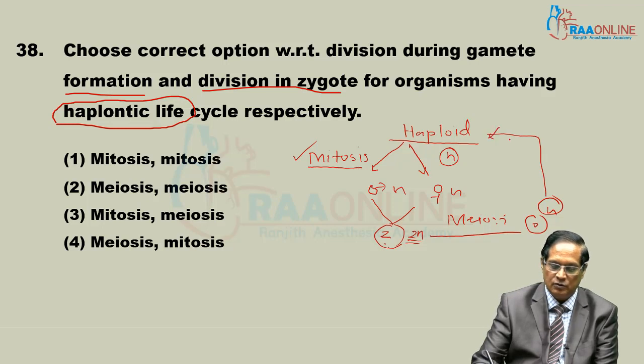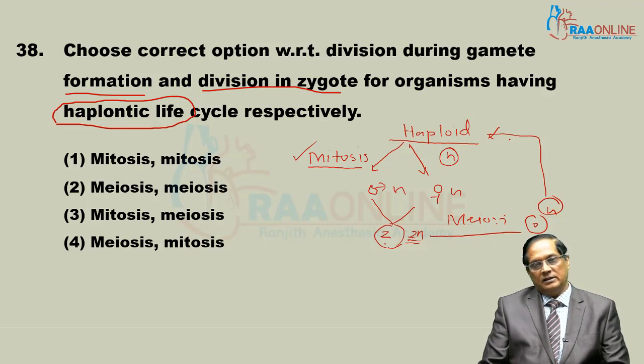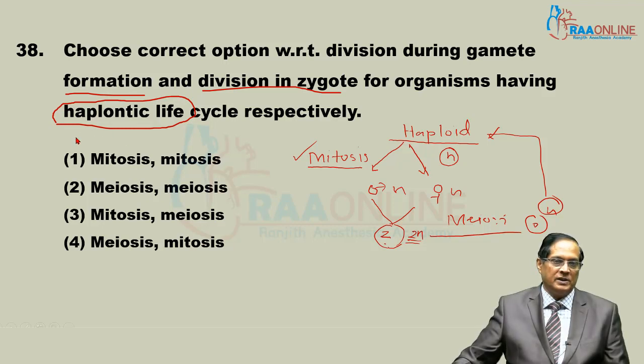In the entire life history, the zygote is the only diploid stage. It does not develop into embryo, so if it forms the body, the zygote should divide by meiosis. So the correct answer in reference to the haplontic life cycle is mitosis and meiosis.